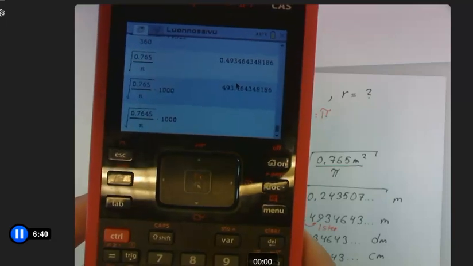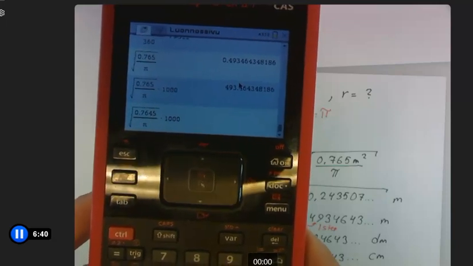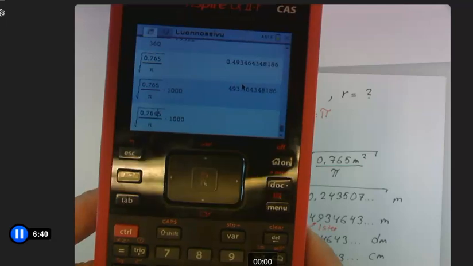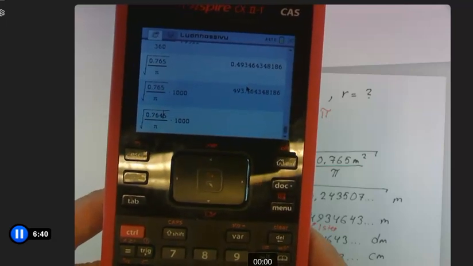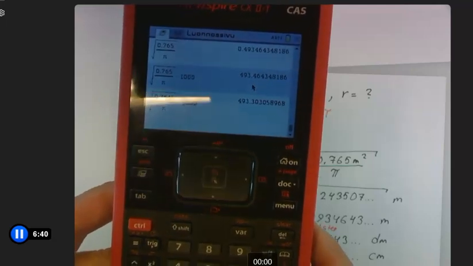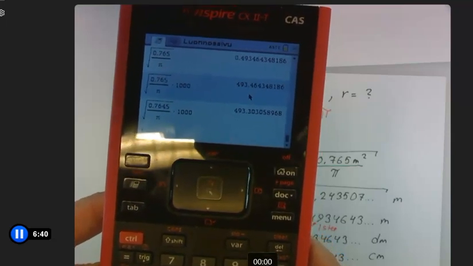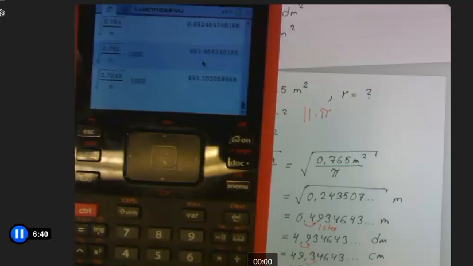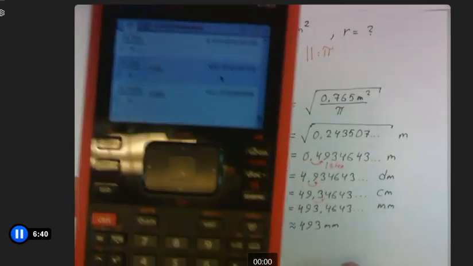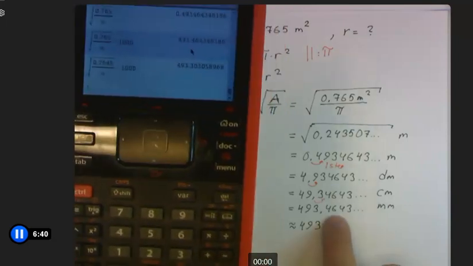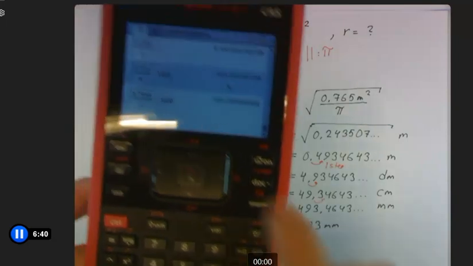This is rounded to 0.765. And if I now calculate the value of the radius, I get this kind of value, 493.3. So the same figure as we got earlier, but the decimal there is not the same. Here it was 4 and now we get 3.